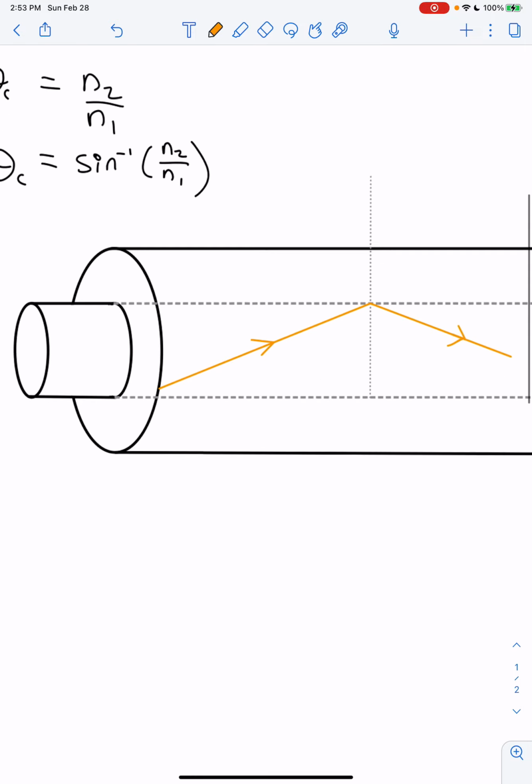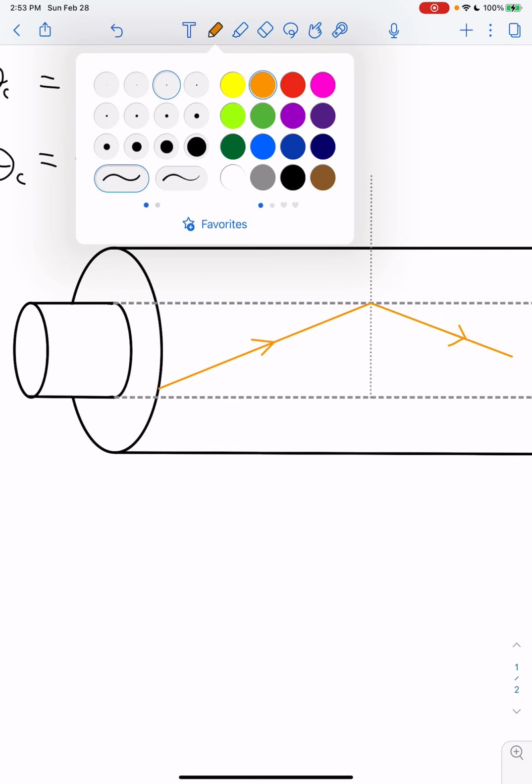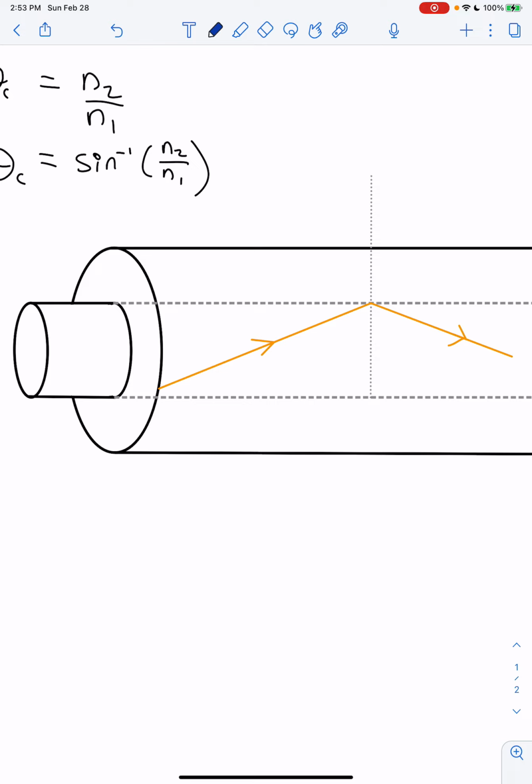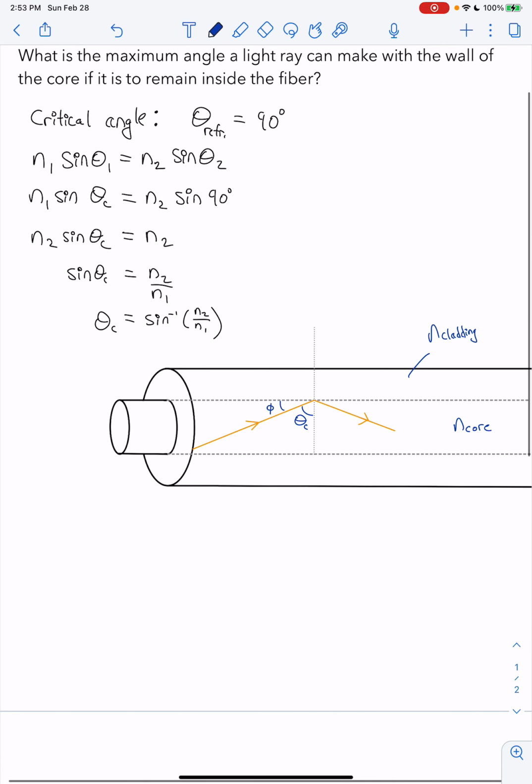And so to zoom in here a little bit, what we want to find is this angle here. And then we know this angle as well, because that's the angle it can make with respect to the boundary here of the core, which is the question.